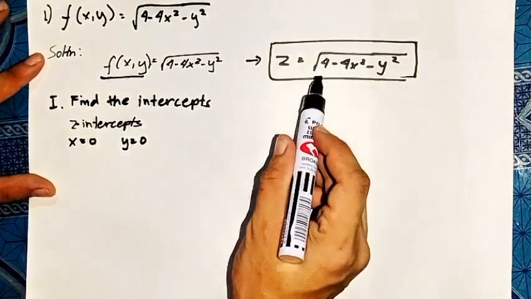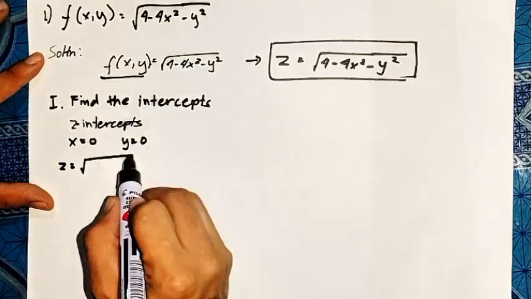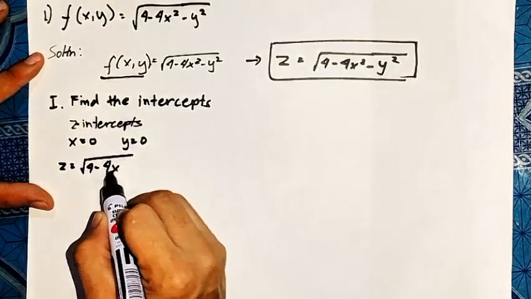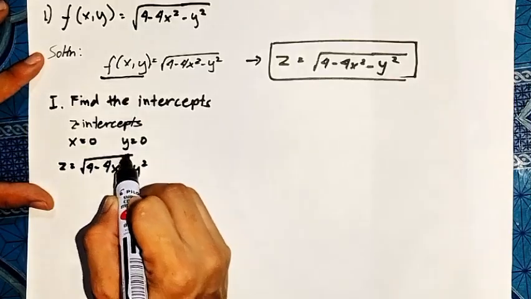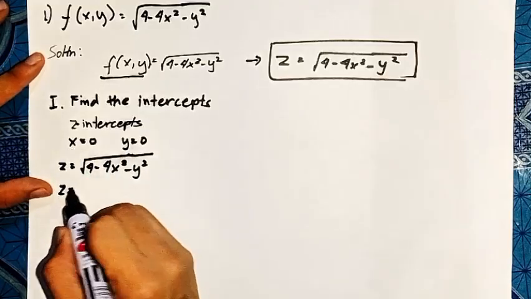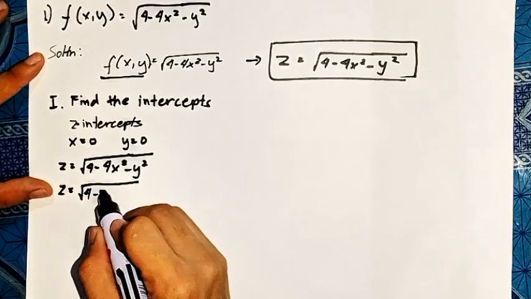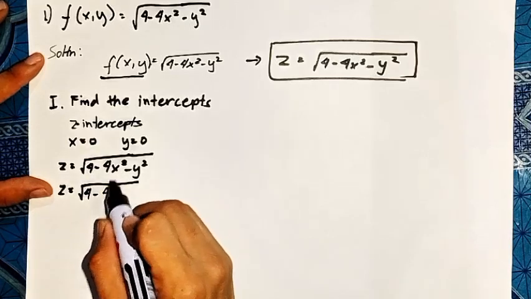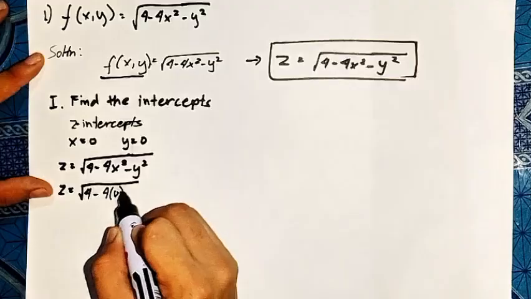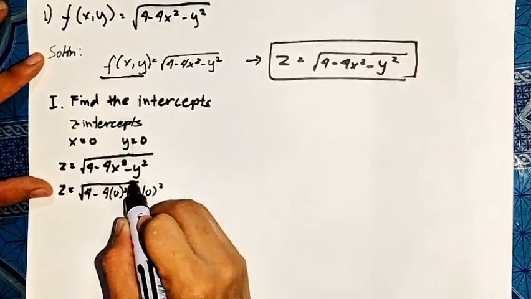So let's copy this function. z is equal to the square root of 4 minus 4x squared minus y squared. Now substitute the value of x and y into our function. So z now is equal to the square root of 4 minus 4 times 0 squared, same with y squared, 0 squared.